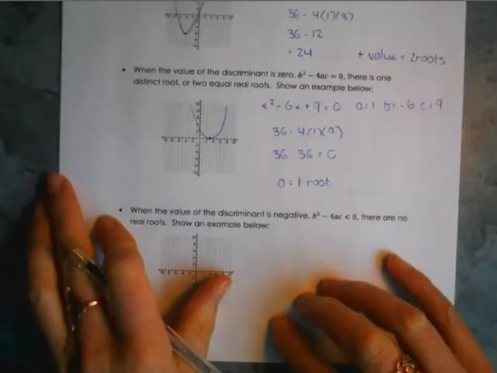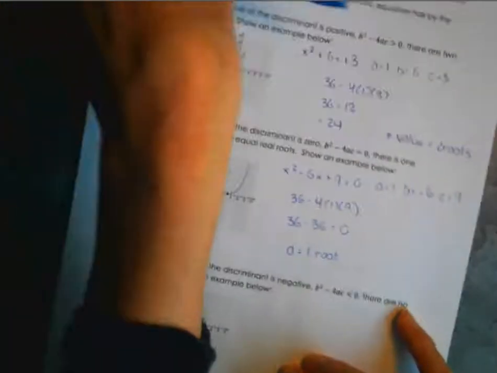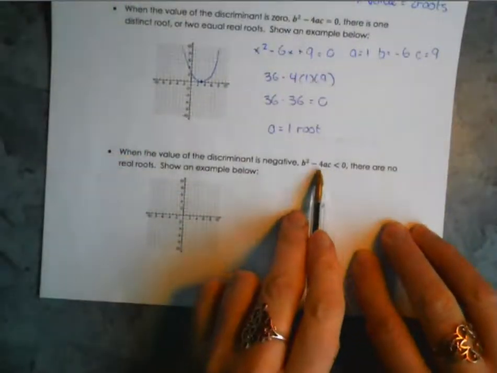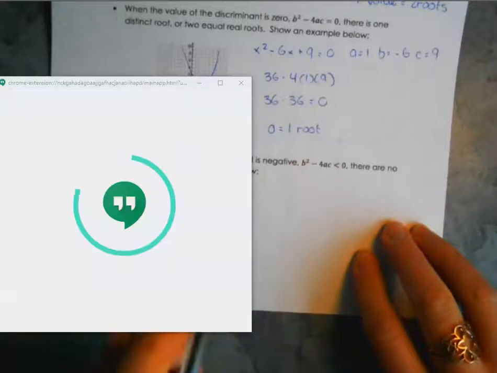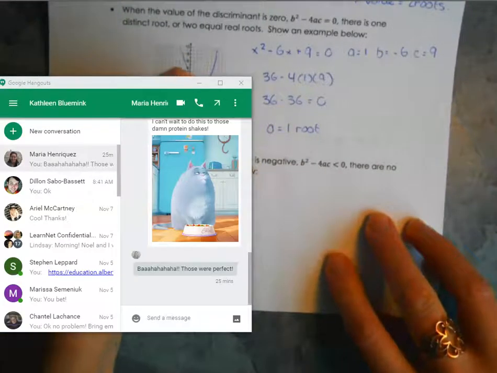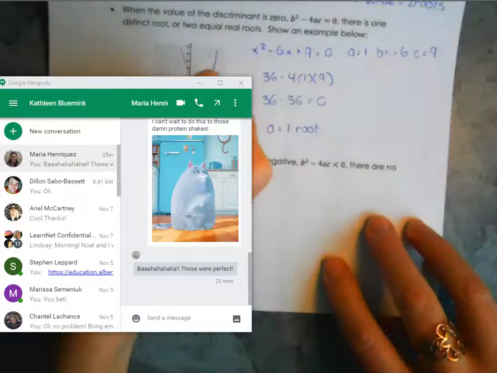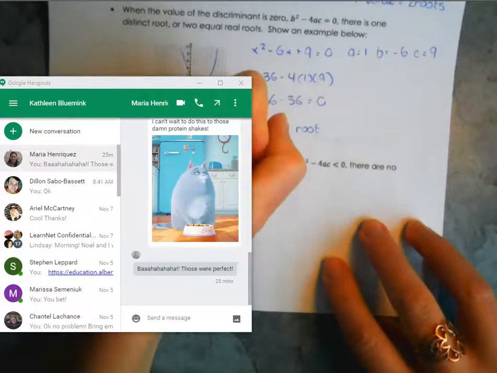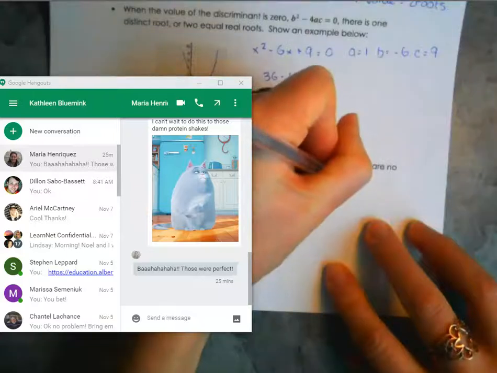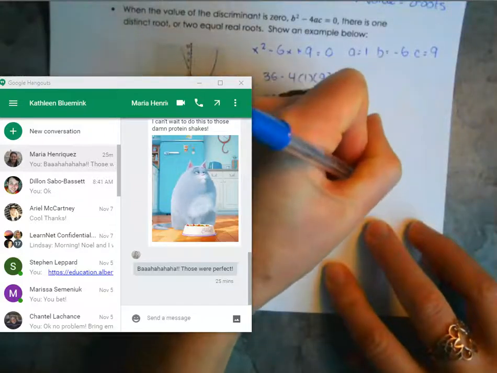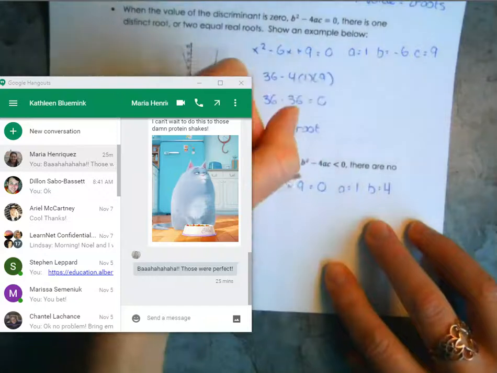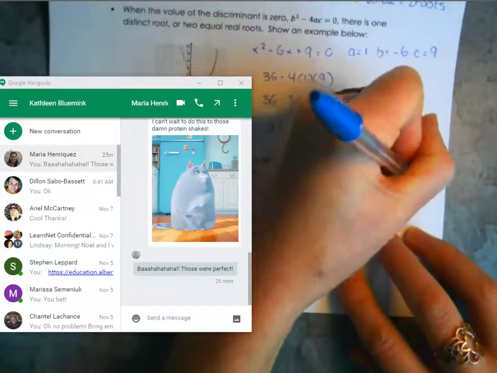Okay. Now the last possibility here is that there's no roots. This is when your value for the discriminant adds up to less than 0, so a negative value. Let's try it for x squared plus 4x plus 9 equals 0. So a is again 1, b is positive 4, and c is positive 9.